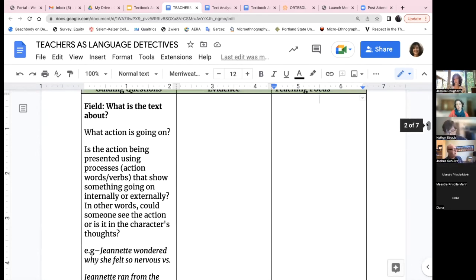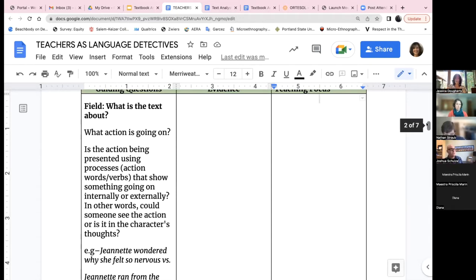The main part of the field, what's going on, is the action, right? So we want students, or anyone analyzing a text, to look and see how the actions are being presented. Are they showing what's happening internally, externally? Are they in passive form or active form?